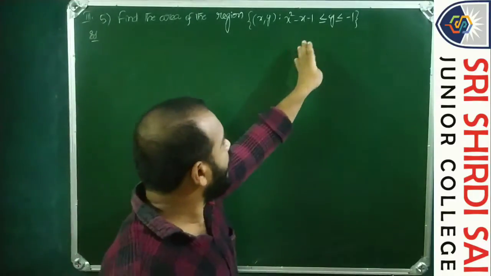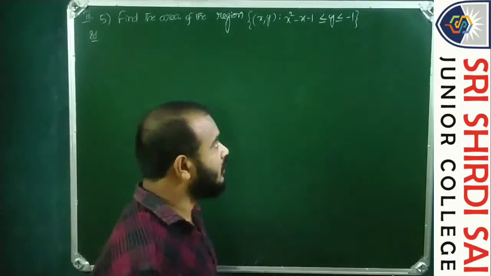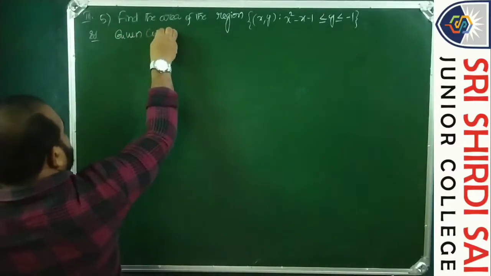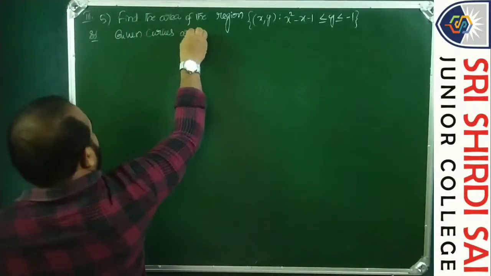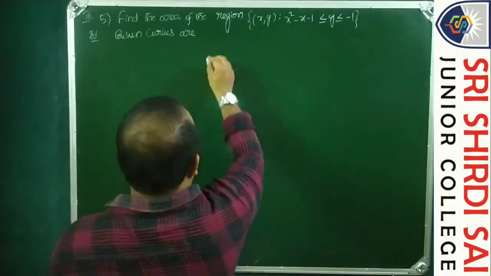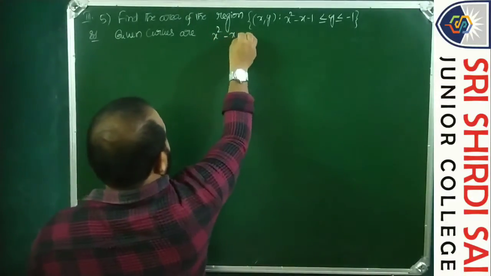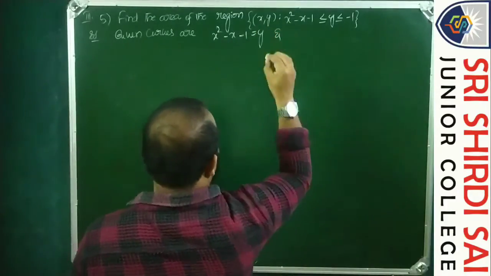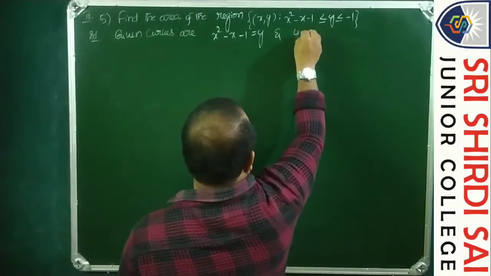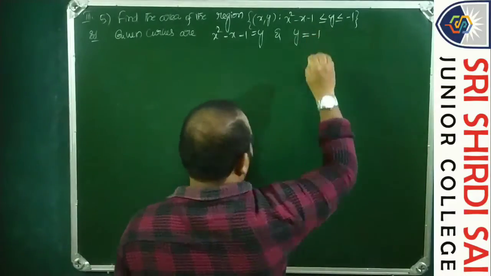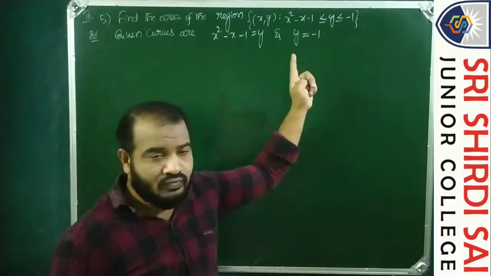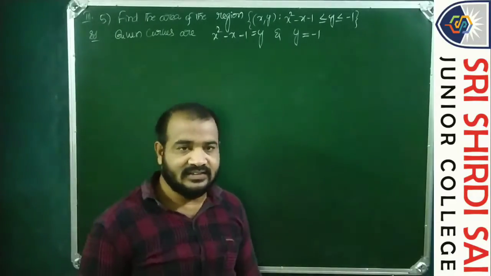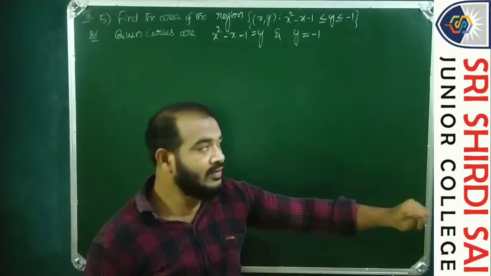Equals to 0 will take first. So given curves are x square minus x minus 1 equals y and y equals minus 1. So we know that y equals k is the line which is parallel to the x-axis, that is a horizontal line.